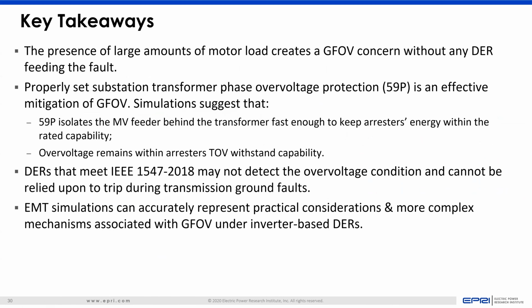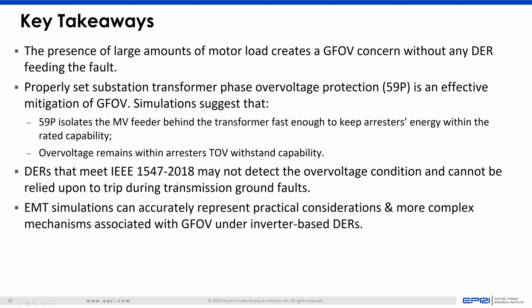And here are the key takeaways. The first conclusion was that the presence of a large amount of motor loads creates a GFOV concern even without any DER feeding the fault. In terms of mitigation, properly set substation transformer phase-to-ground overvoltage protection is an effective mitigation of GFOV.